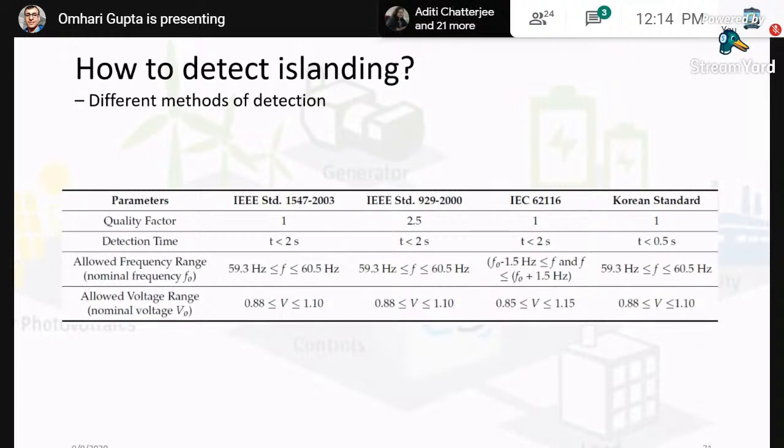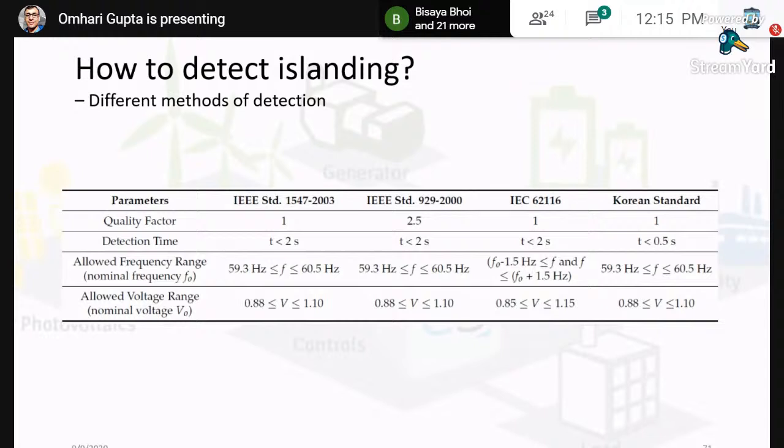Then, based upon several standards, what are the requirements in terms of detection time, allowed frequency ranges, allowed voltage ranges? Okay, as you can see, the Korean standard gives you a detection time which is less than 0.5 seconds, while for other standards, it is less than 2 seconds.